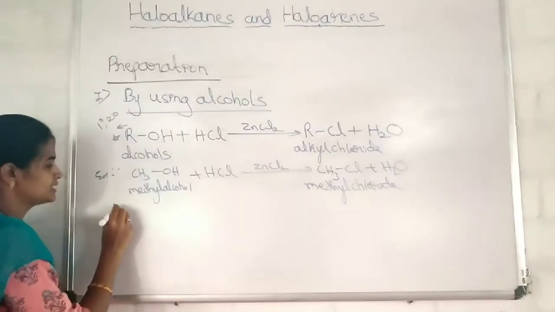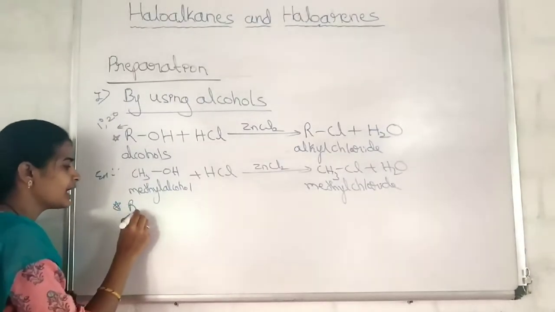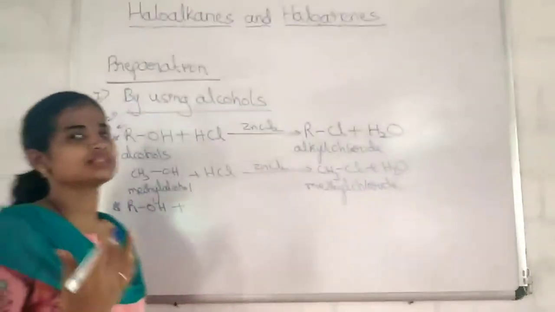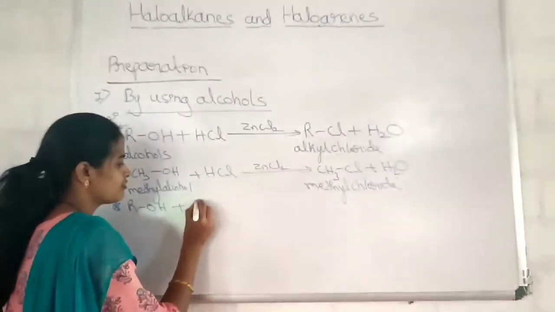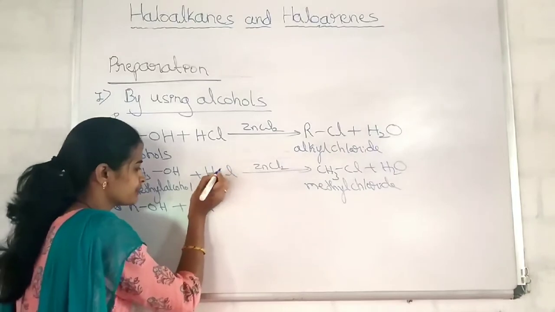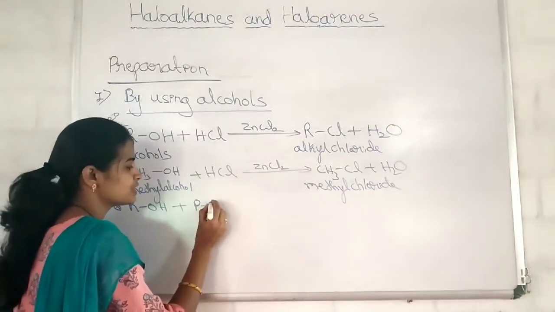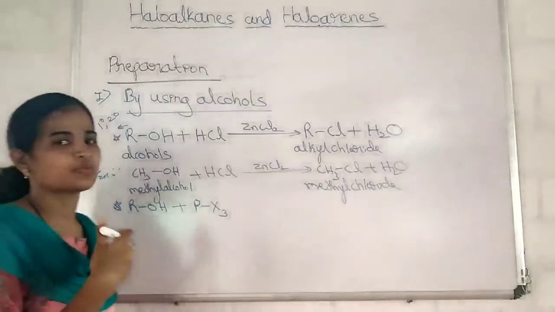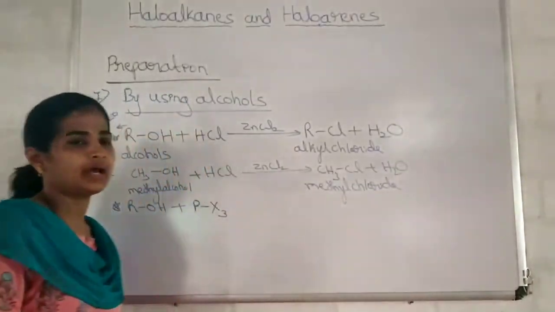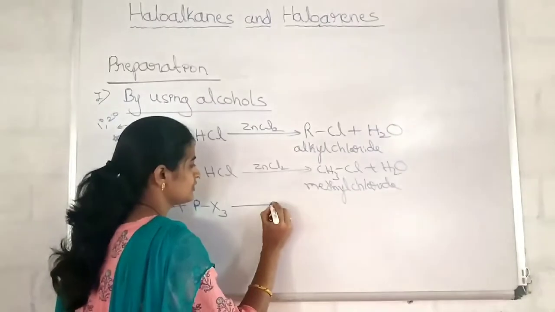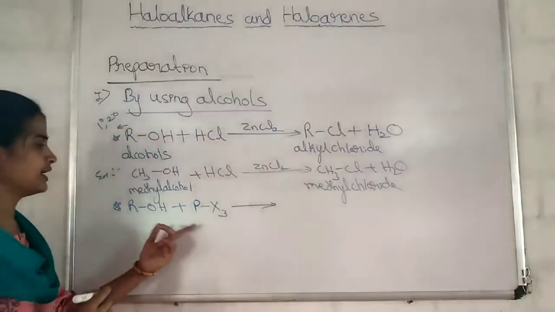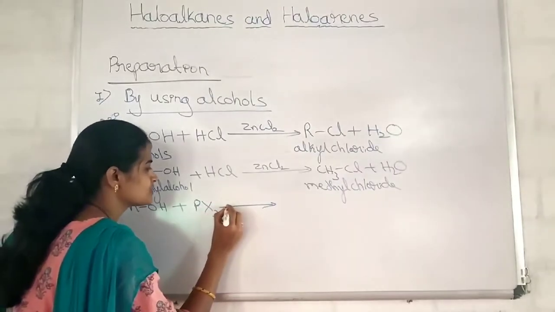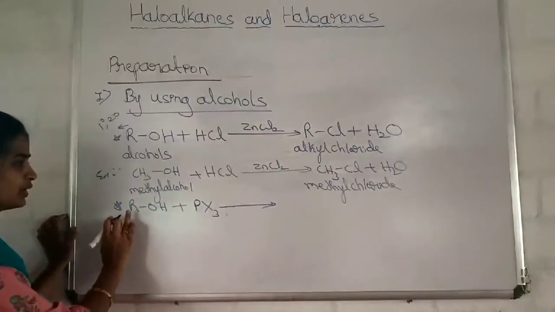Next, in the second case, I am taking the alcohols with phosphorus halide. If I take phosphorus trihalide, it may be phosphorus chloride, fluoride, bromide, iodide, like that. Phosphorus trihalide, PX3, plus ROH.